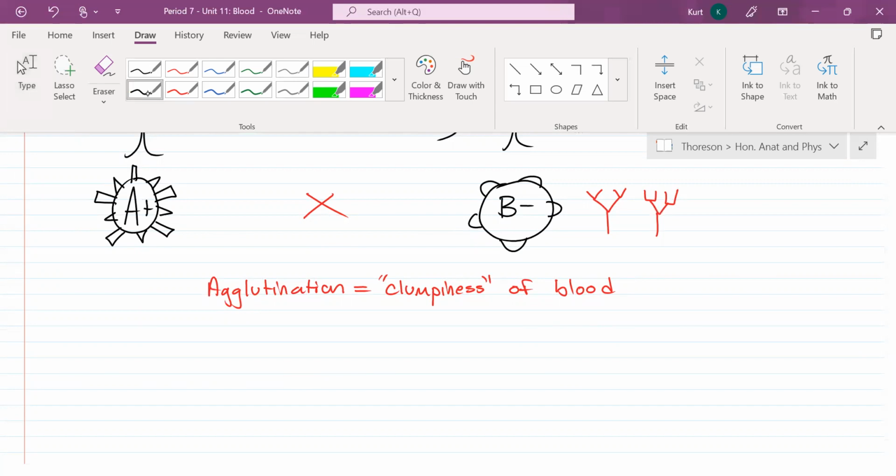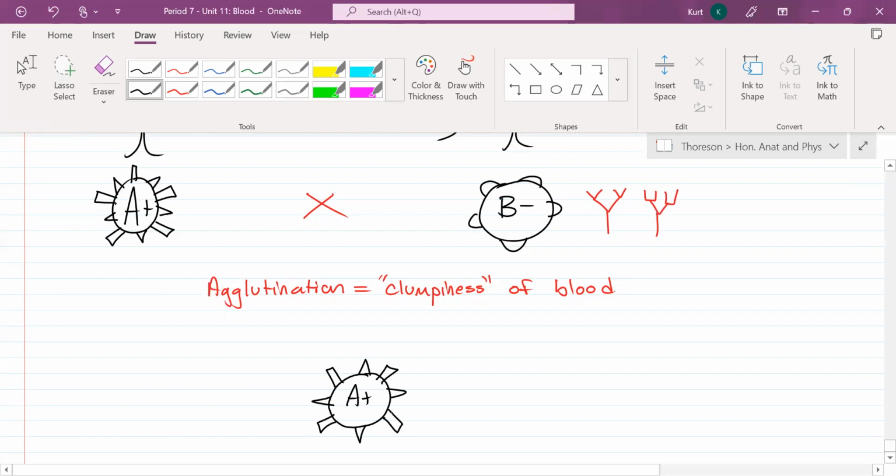So if I could draw Eva's cells again, here's what would happen if we put Eva's blood into Isabella's body. Just like I showed you how COVID was surrounded by antibodies, that's the same thing that would happen here.